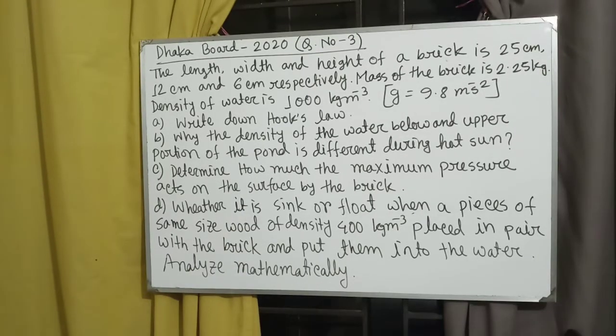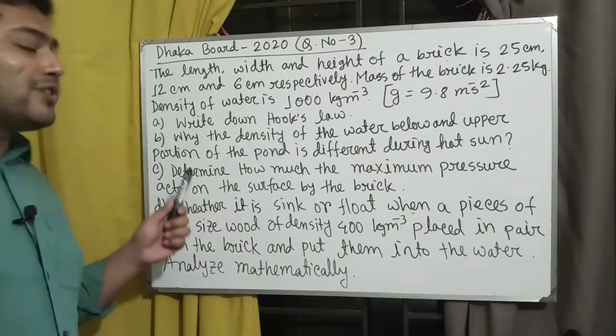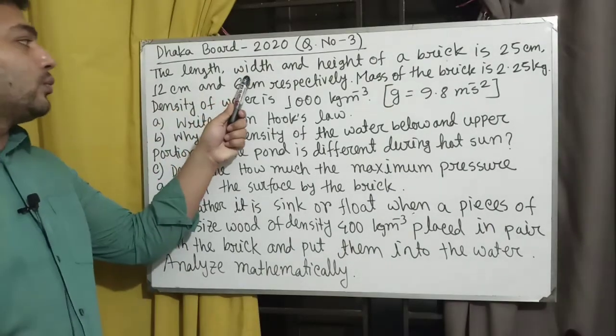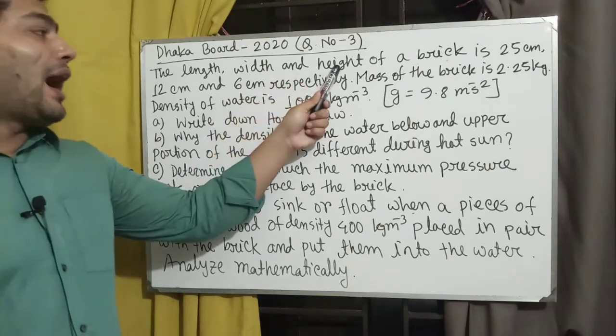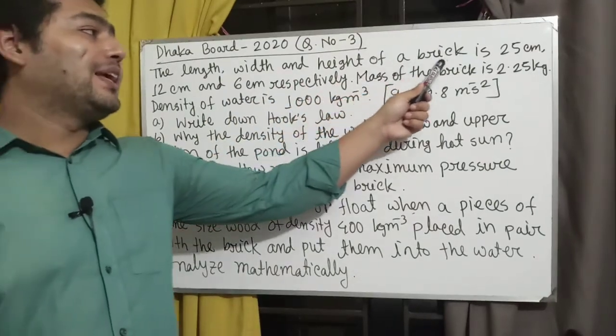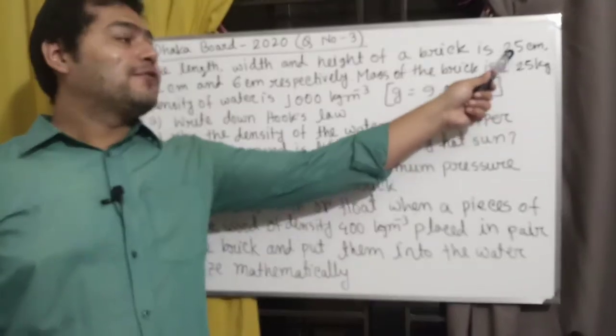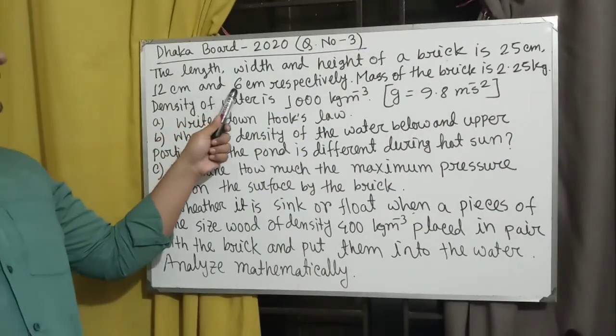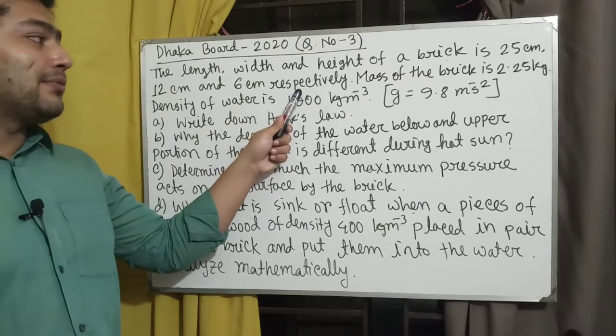So, my dear boys, our creative question is: the length, width, and height of a brick is 25 centimeter, 12 centimeter, and 6 centimeter respectively.